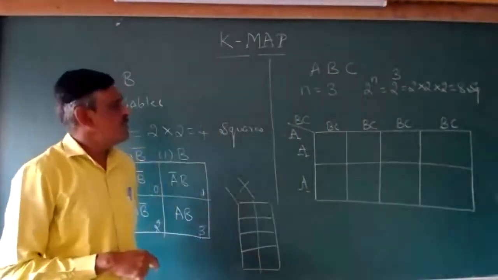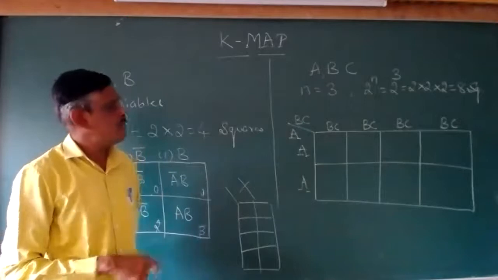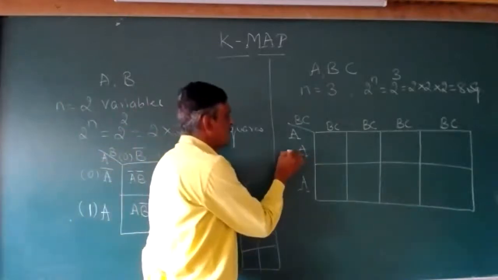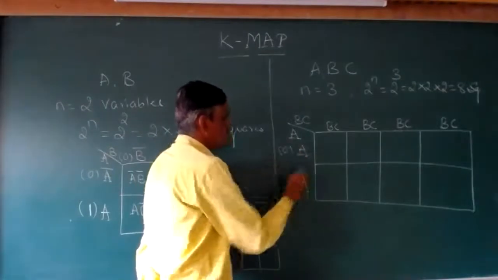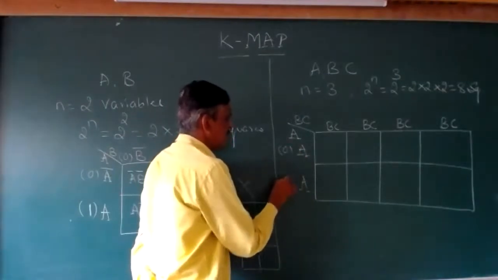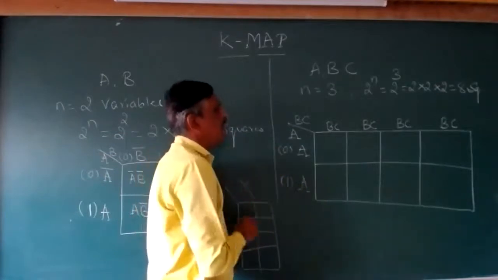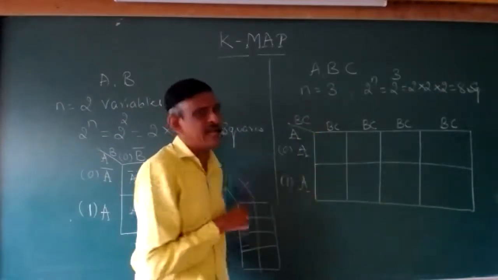Now, use binary numbers to represent these variables' values. So first we'll take 0 for the first row and 1 for the second row. Like this, for columns also you can write.